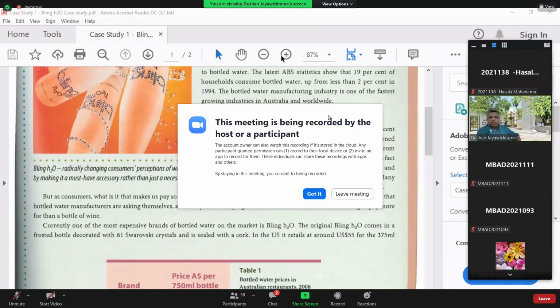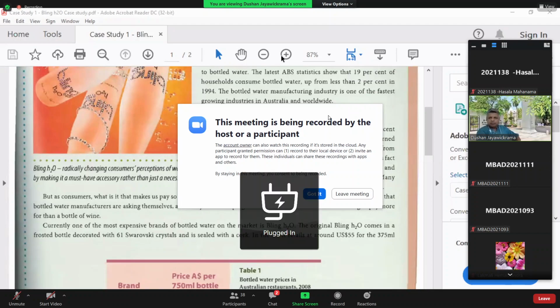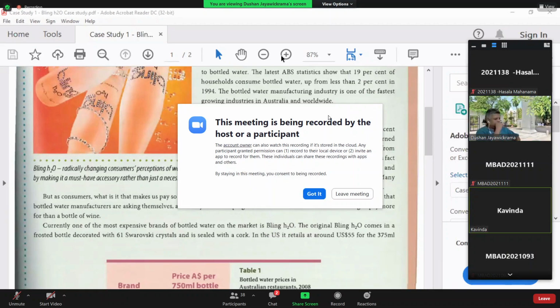Right. Group number 8, would you like to share something? So yes, in this article, we believe their position is pop culture in a bottle, or liquid luxury. In delivering that promise, they have used premium price as one element of the 4 Ps, in addition to the product.